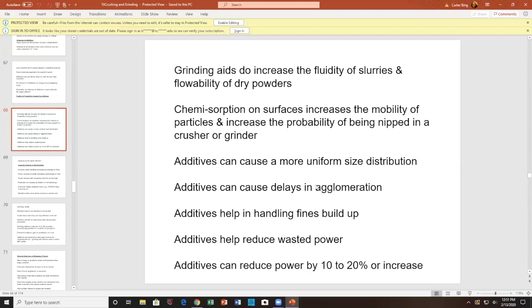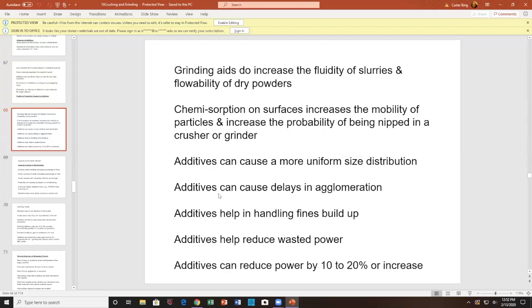That's interesting. Additives can prevent agglomeration. Agglomeration is a surface process, and what these additives will do is change the nature of the surface so particles will not agglomerate. An example of an additive that changes the nature of the surface and prevents agglomeration is powdered sugar on donuts. Donuts will agglomerate if there is no powdered sugar.